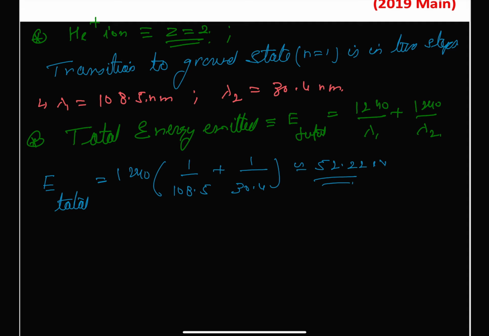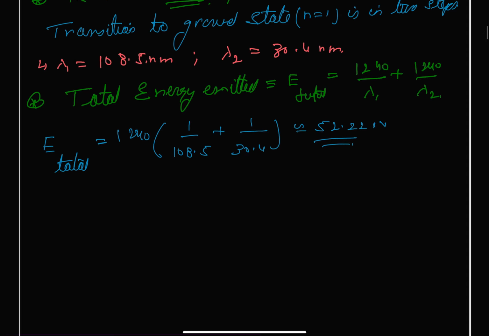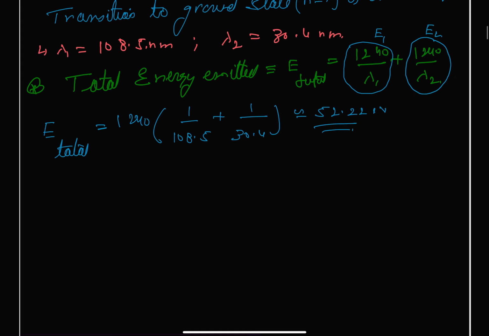So therefore we get the total energy, or in simpler terms we can also say that this is a representation of our E1 and this is a representation of our E2. And now we can use our nth energy level formula.